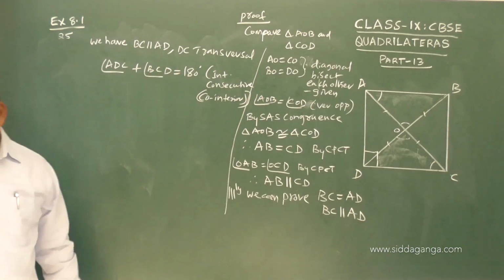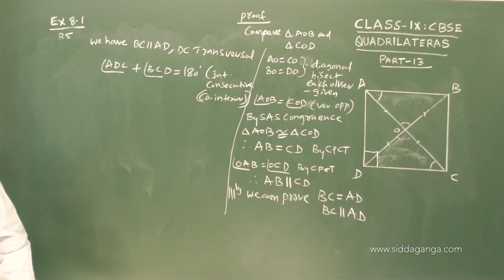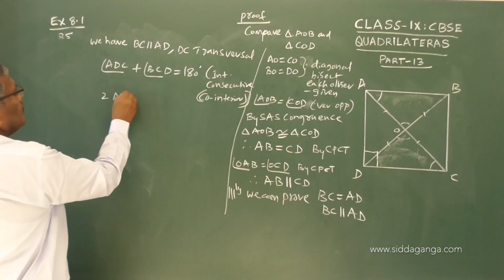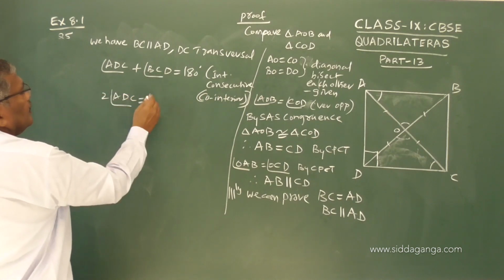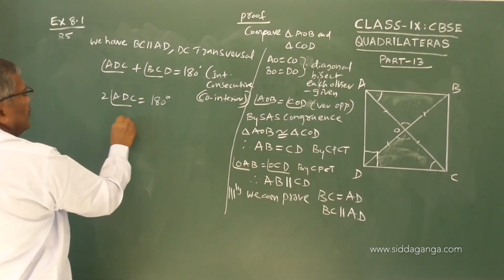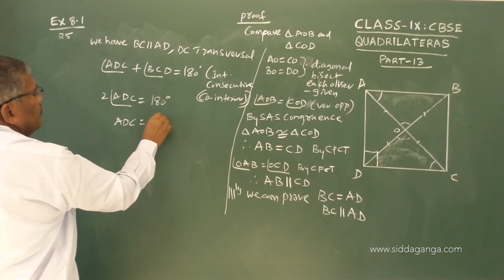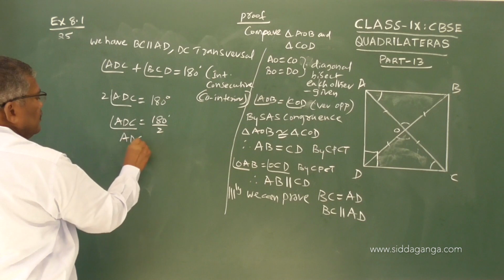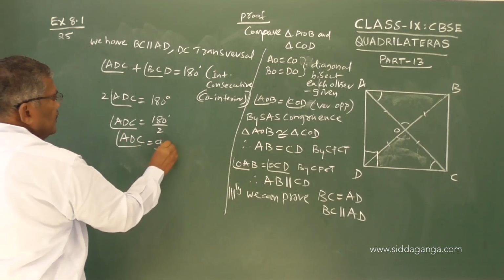So, these two will be equal to 180 degree. We know that they are equal, therefore, 2 times angle ADC equals 180 degree or angle ADC equals 180 degree by 2. So, angle ADC equals 90 degree.